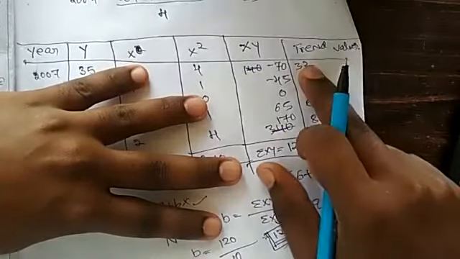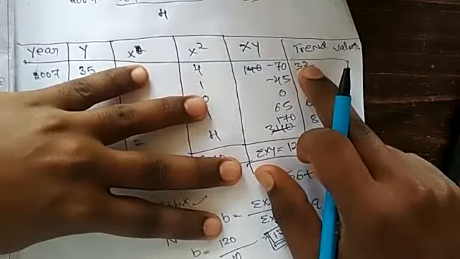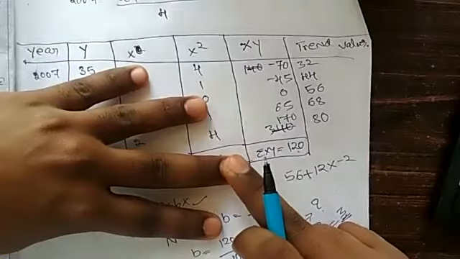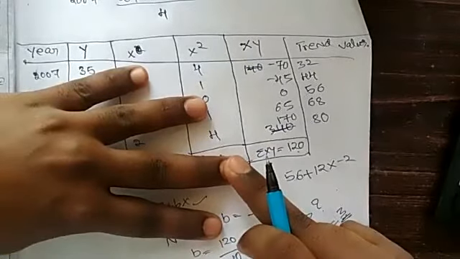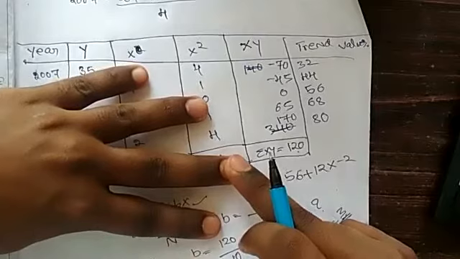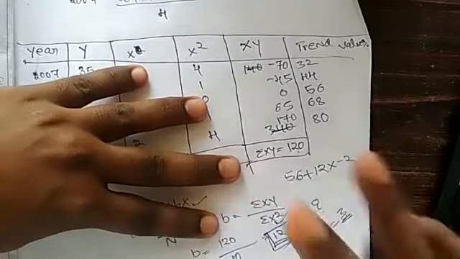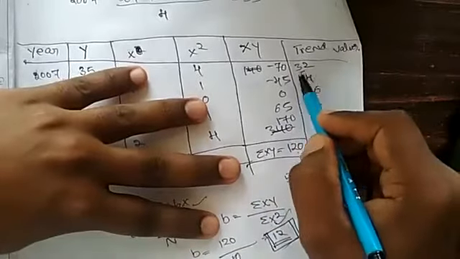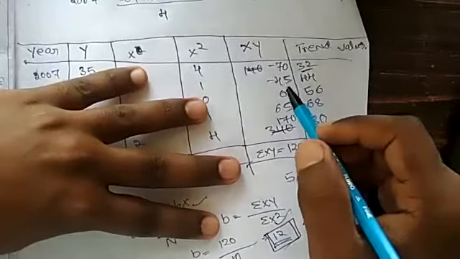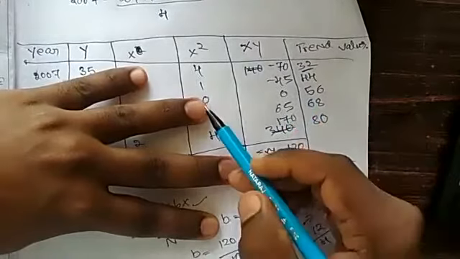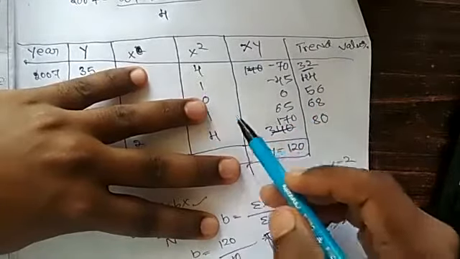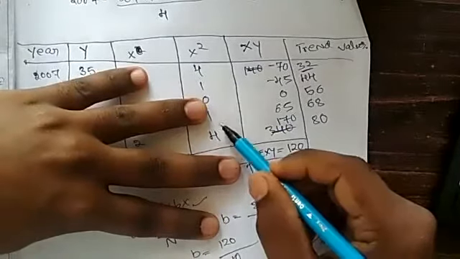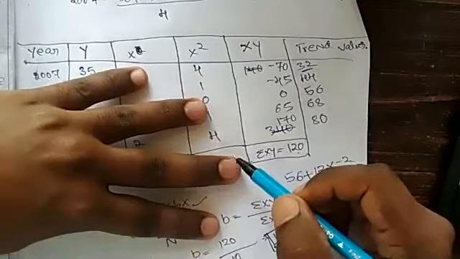So here 32, the trend value, is between the second quarter and third quarter, correct? Where to plot the value of 32? We are not plotting the values, just for understanding. Now this 32 is a trend value; where to plot? We have to plot between the second quarter and third quarter.